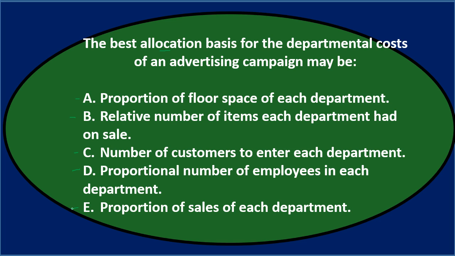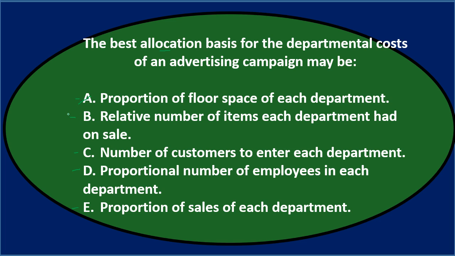So really our question is which would be best with regard to the advertising campaign. Of these allocations of advertising, I would think the first one, the floor space, maybe larger floor space would be applicable. We could use that, but it doesn't seem directly related to the advertising campaign, which is there to generate revenue. So I would think that we could use floor space, but probably not the best.